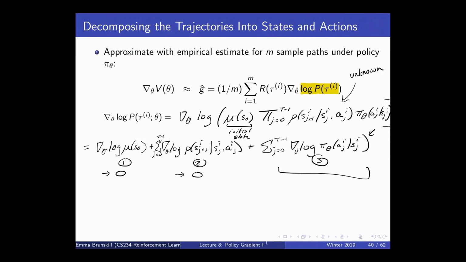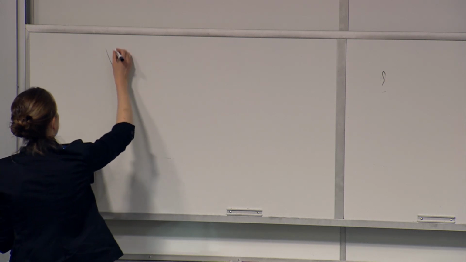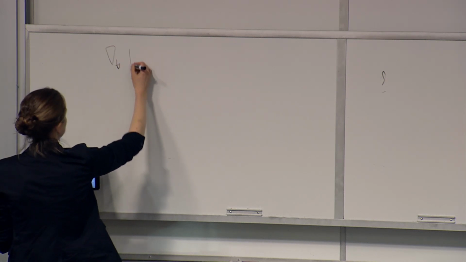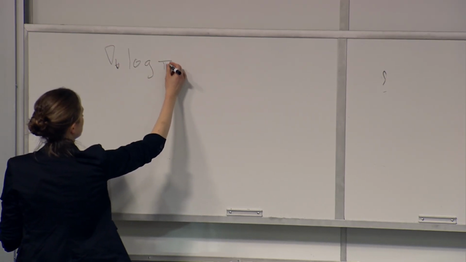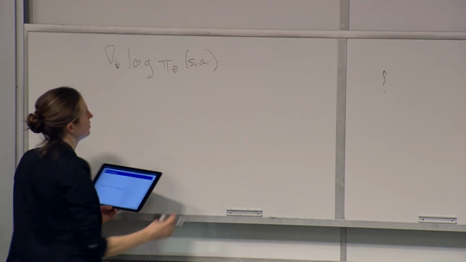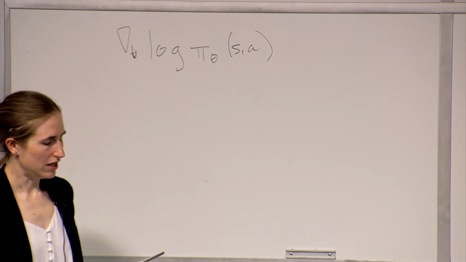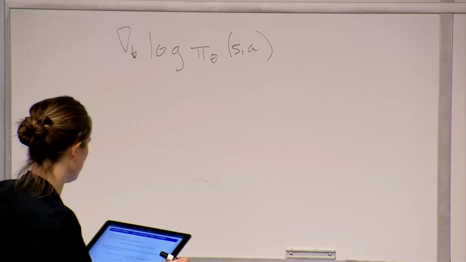Another thing is, I don't find this additional terminology particularly helpful, but it's used all over the place, so I want to introduce it: people often call this part a score function. That's the quantity that we were just talking about needing to be able to evaluate. So we'll write it out again.